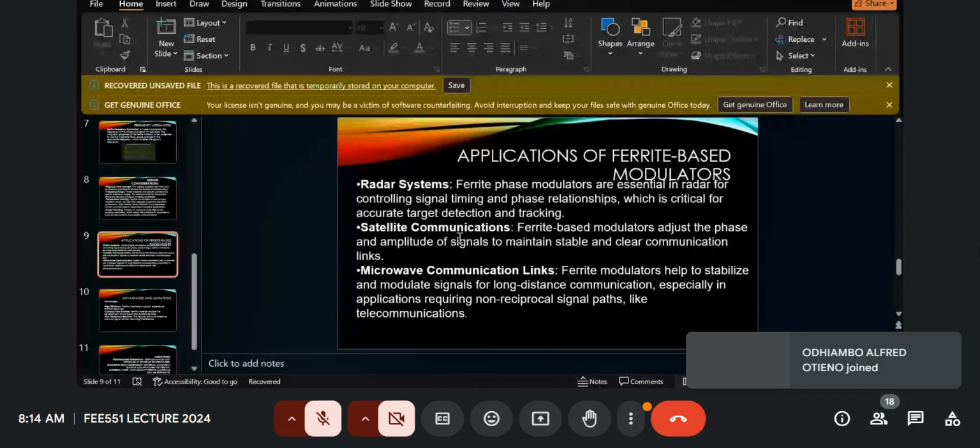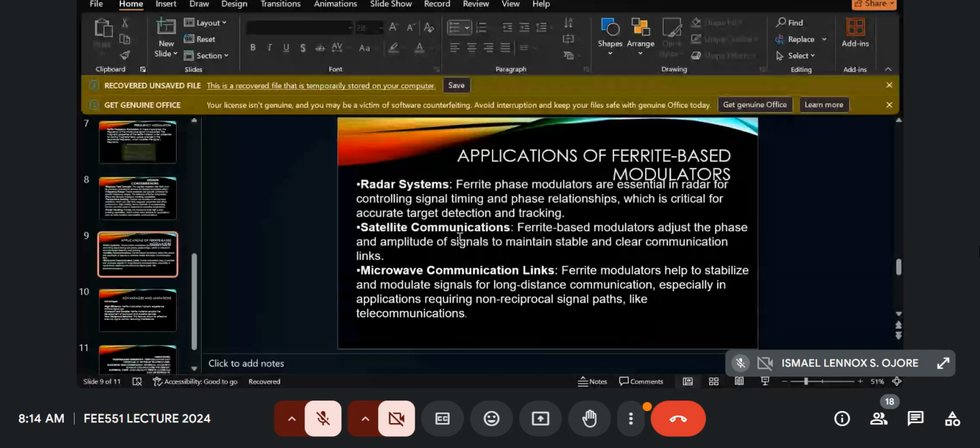In satellite communication, ferrite-based modulators adjust the phase and amplitude to maintain stable and clear communication. They're also used in microwave communication links, where they help stabilize the modulated signal for long distance transmission, especially requiring non-reciprocal signal paths like in telecommunication.